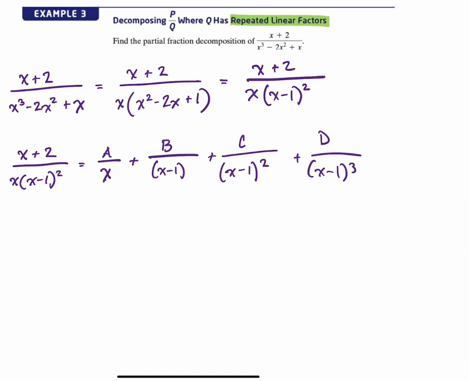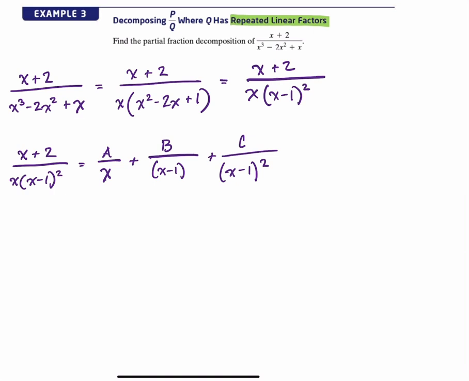So you just build up to whatever power you have. In this case, we just had the second power. But if it was, say, the fifth power, you would have 5 terms where each denominator increases by 1. The power will increase by 1. From this point on, the process will be the same for each of our cases. So the difference is really just in the setup.